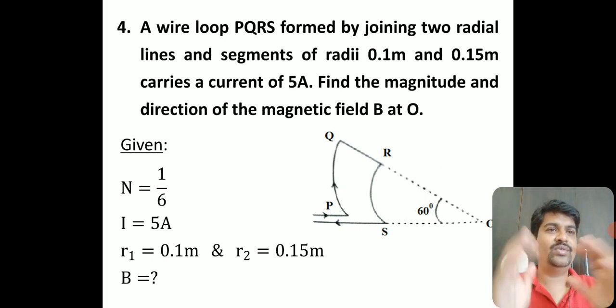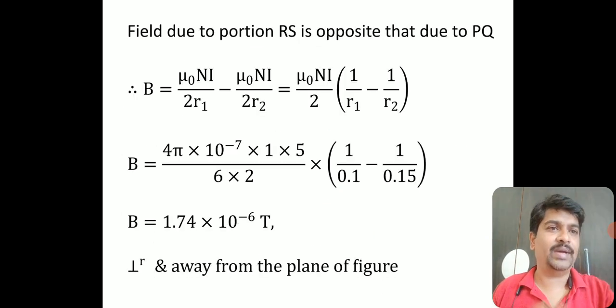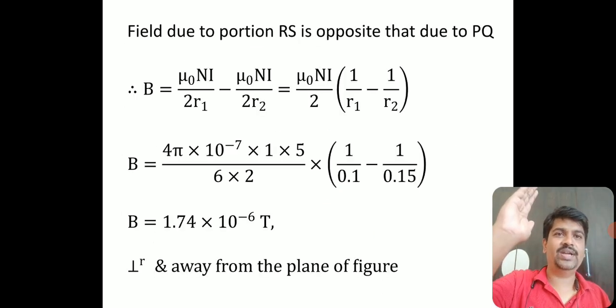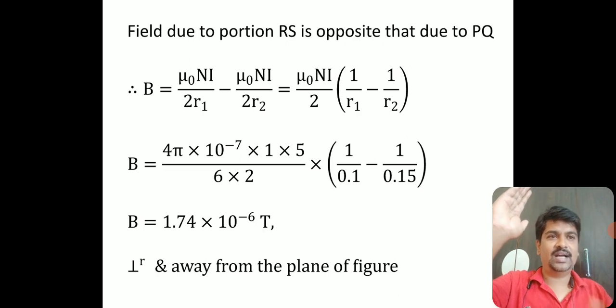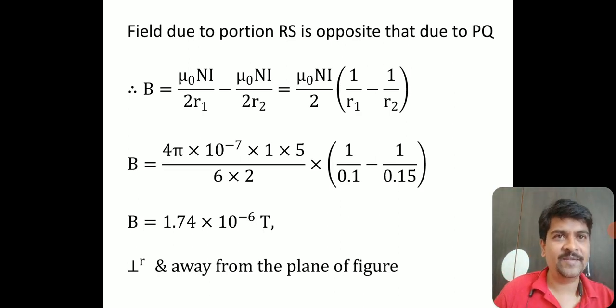Therefore I have to take the algebraic sum. That is why I have written minus. So mu naught N i by 2, within the bracket, 1 by R1 minus 1 by R2.